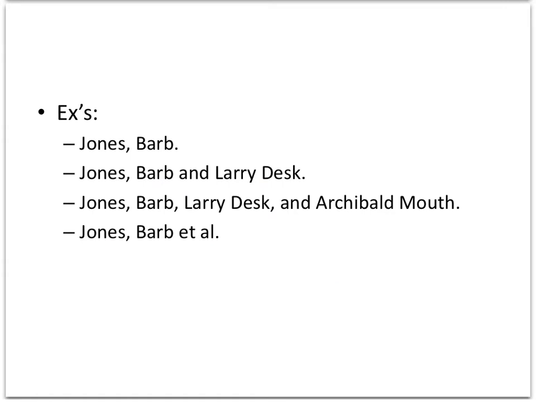So let's look at some examples of correctly formatted author information. In the case of one author, we have last name first, first name last. In the case of 2 authors, the primary author, Barb Jones here, is still the first listed because Barb Jones is the primary author.